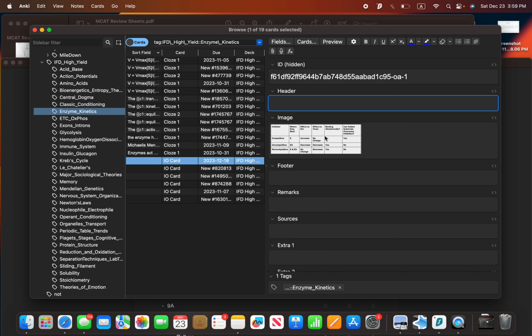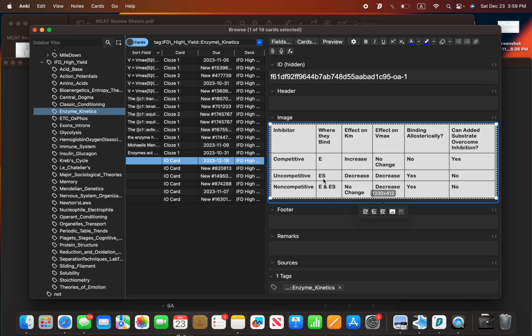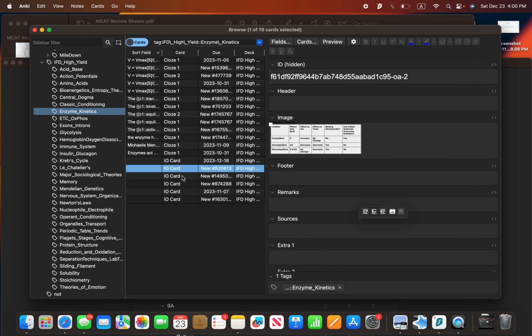Now, this is the tricky part. So we have 3 different types of inhibitors. I like to call this mnemonic as "cunt," I believe.